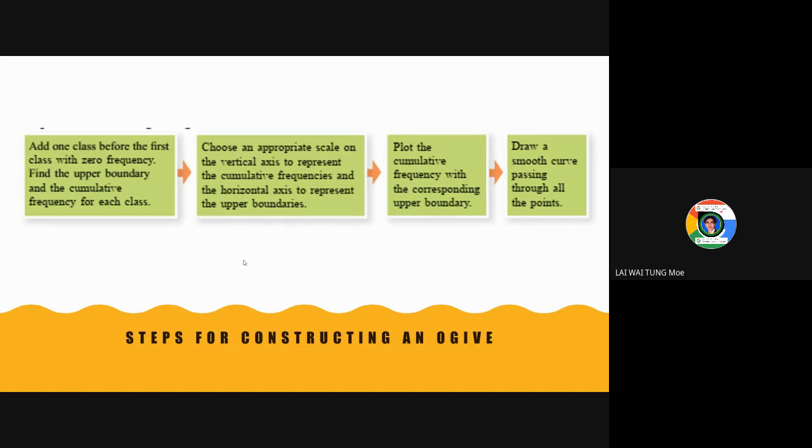So you need to pay attention to here. Okay, and then the horizontal axis is upper boundaries. Okay, next one, plot the cumulative frequency corresponding to the upper boundary. And the last one, draw a smooth curve passing through all the points. And normally the shape of the OGIVE is like an S, okay, like an S like this.